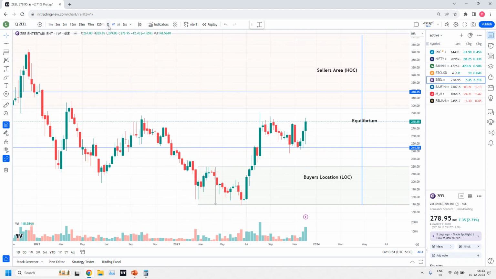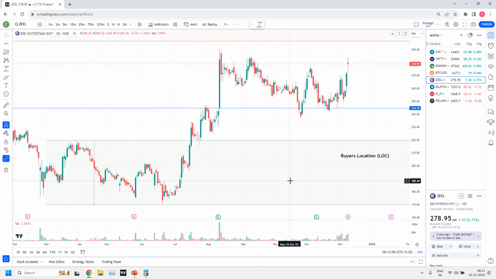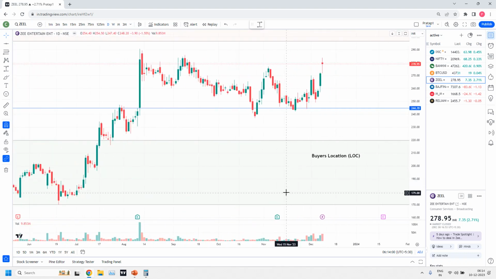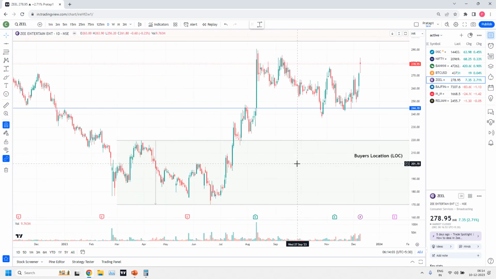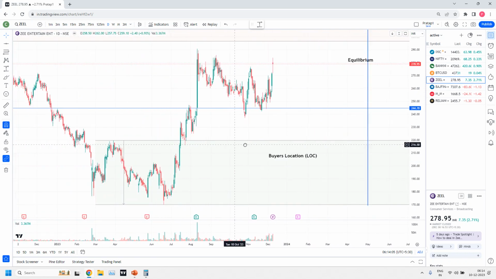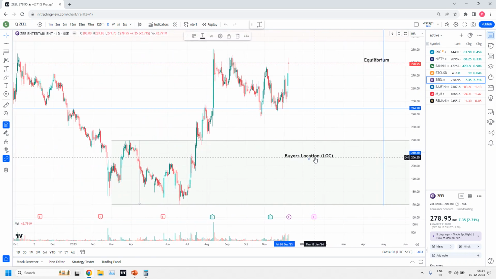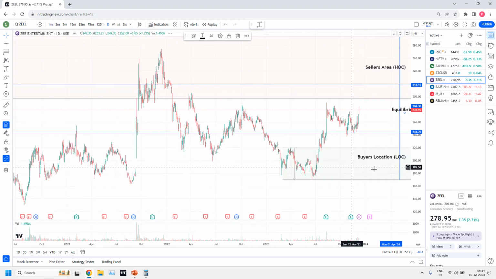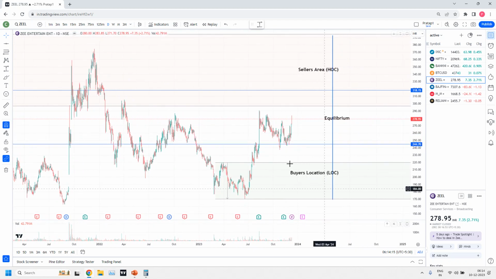So I'm changing the time frame to daily by clicking D. Okay, now do we have any zones here? Which zones?